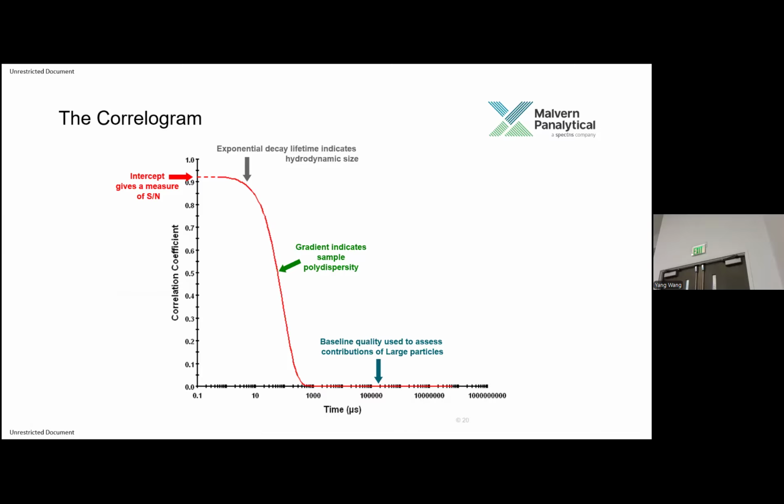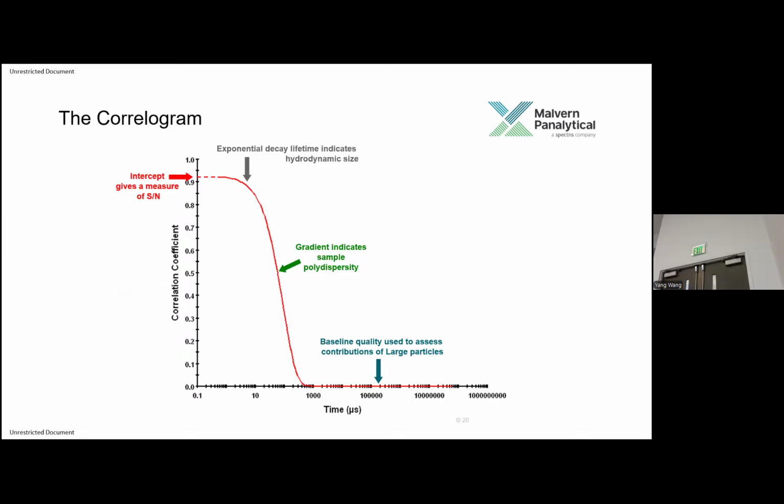They moved around in Brownian motion at a similar diffusion rate and decorrelated at the same time, indicating a more monodisperse population. If you have a shallow or stepped decay, that indicates a more polydisperse population. The final part is the baseline, which tells you about the presence or absence of any large scatterers, contaminants, dust, what have you, inside your sample.